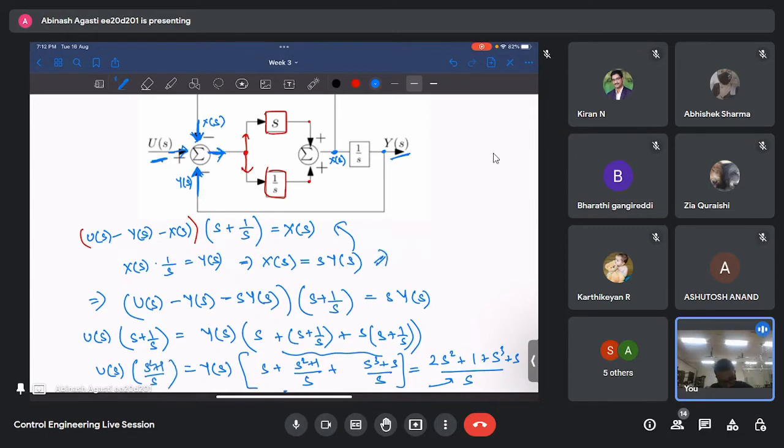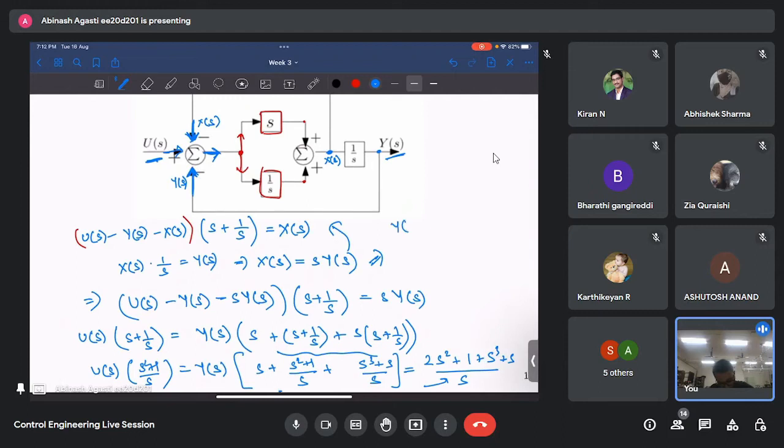So everything gives us y of s by u of s is nothing but s square plus 1 by s cube plus 2s square plus s plus 1. So this is the transfer function of the given system.